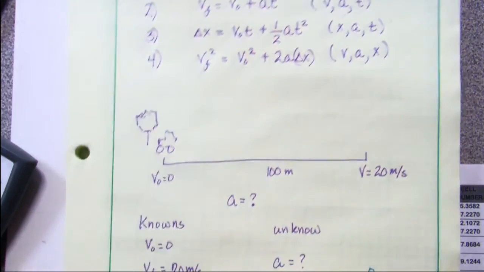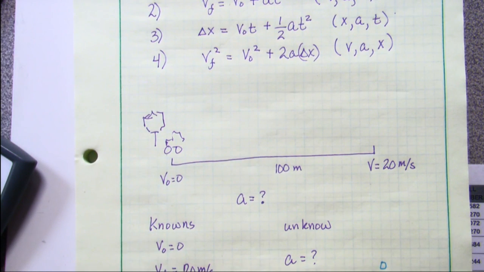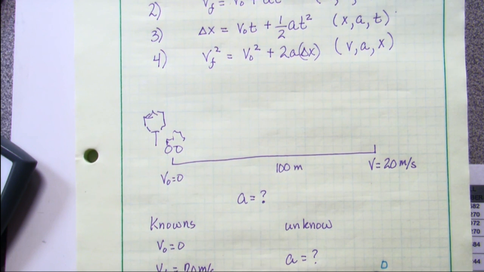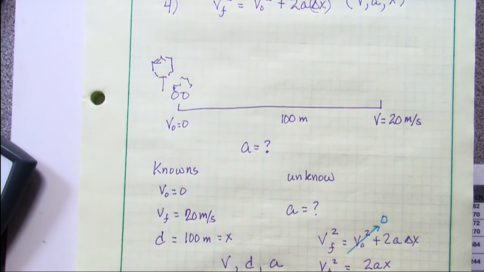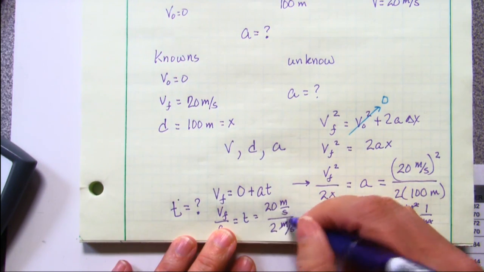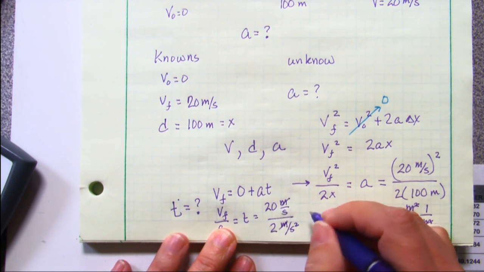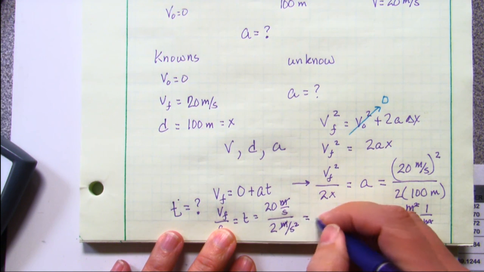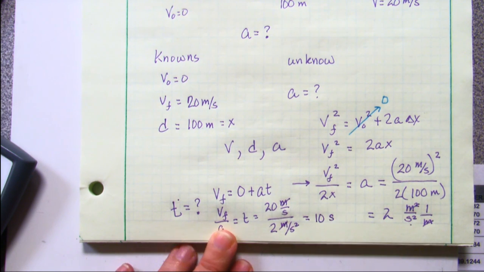So v final is equal to, our initial was 0, so now I have acceleration times time. So that's just going to be v final divided by my acceleration, which gives me time: 20 meters per second divided by my 2 meters per second squared. Meters will cancel, one of those seconds will cancel, so I'm in seconds, and this tells me it's going to be 10 seconds.